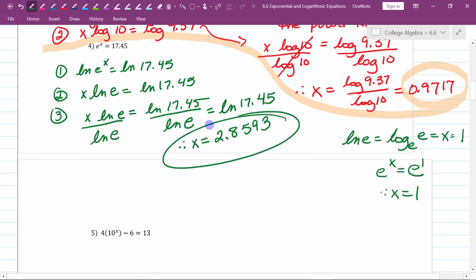Okay? Again, get out your calculator, work along with us. Make sure you understand that the natural log of e actually equals 1. So right here, I'm just dividing through by the number 1, which is why I can just simply say x is then equal to the natural log of 17.45.